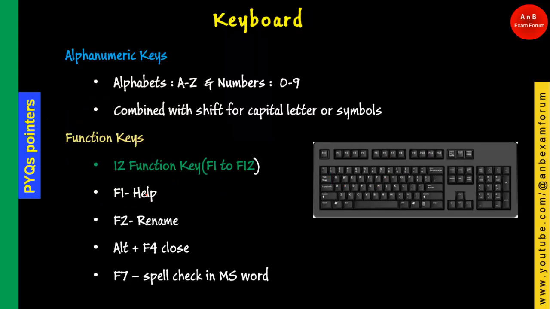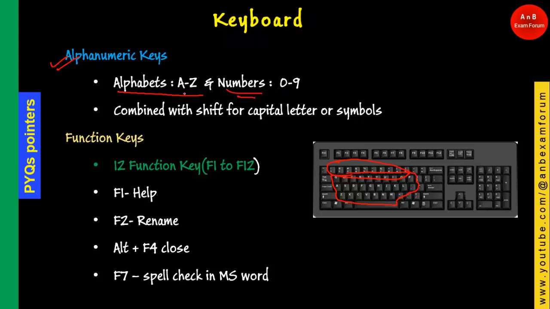The next important pointers are related to keys. There are many keys in this particular keyboard, and a very important one is the alphanumeric key. Alphanumeric, as the word suggests, alphabets from A to Z. These are the alphabets, and numbers are there from here to here, 0 to 9.